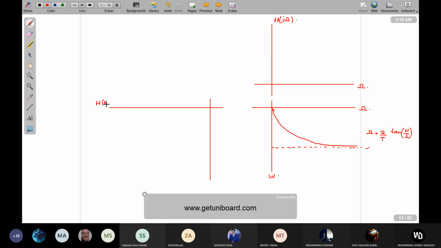That's my H of e to the j omega, and that's my omega. So suppose that's my filter response in continuous domain.